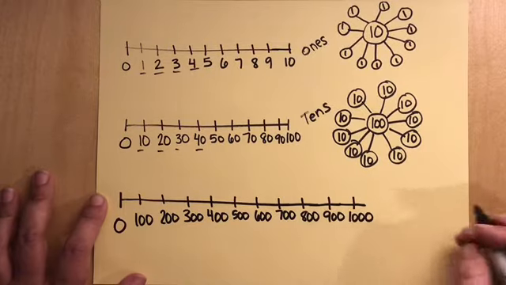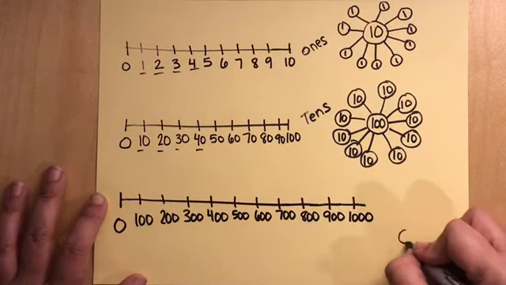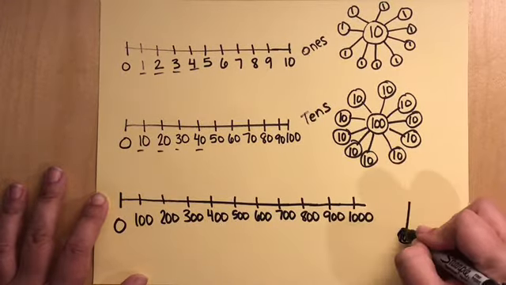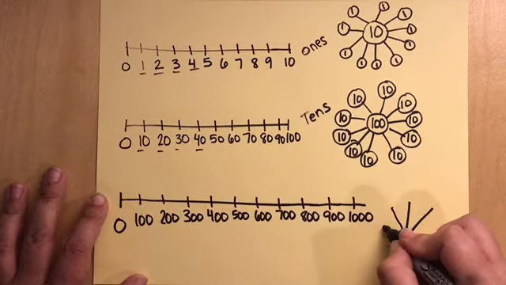Let's go ahead and prove that by drawing our number bond. So 1,000 is 10 100s.